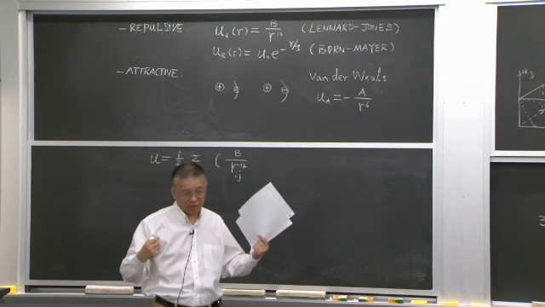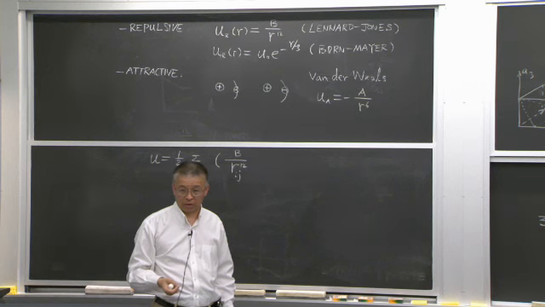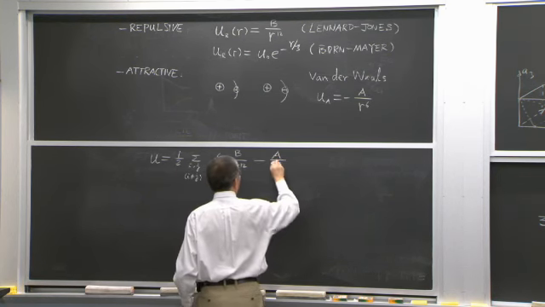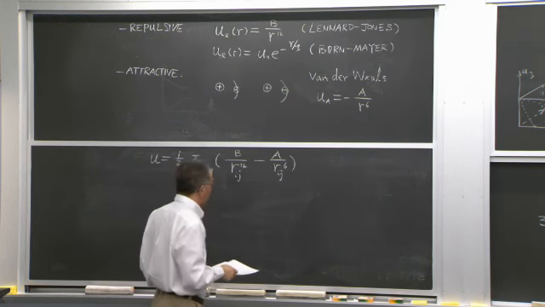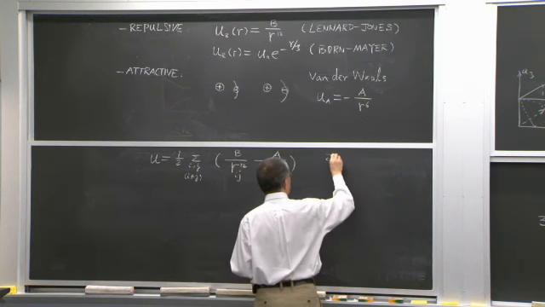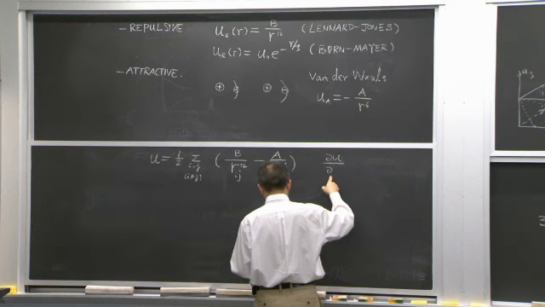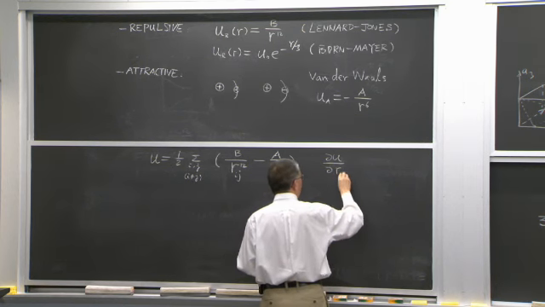If it's cubic, you can calculate no matter how far apart in terms of the lattice constant. And then minus A over R_ij to the 6th power, right? So this is the total energy, and when the crystal is stable, you take the R12, for example.